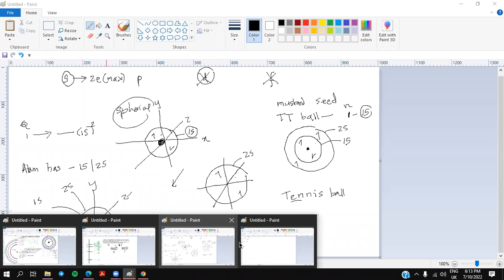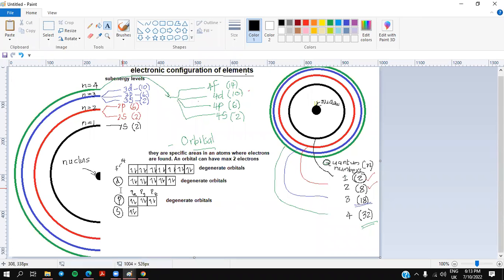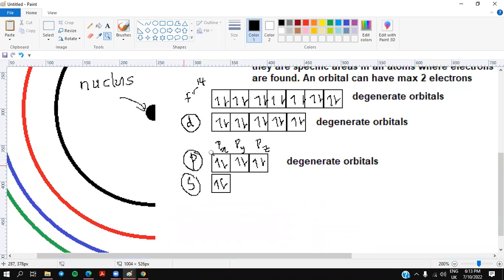Now I go to the next one. Next one is p orbitals. How are we going to organize? Remember, I told you in my lesson earlier that p orbitals are identified how? Px orbital, py orbital, pz orbital. I'll write something over here.